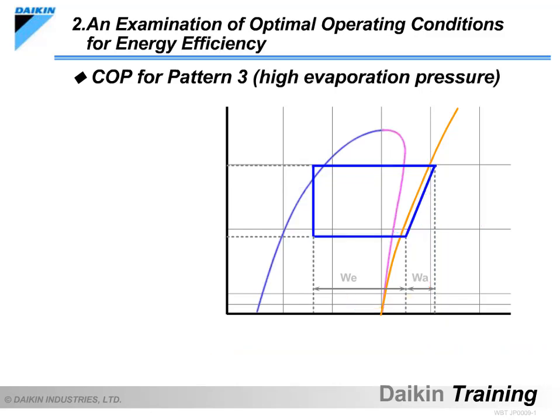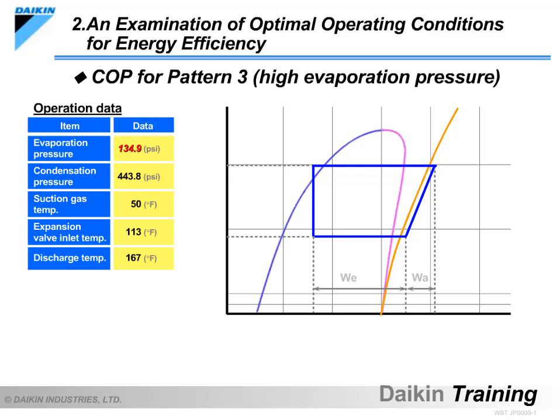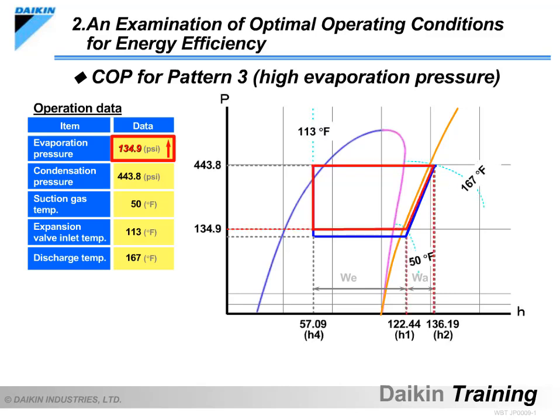In pattern 3, we will examine the influence of the evaporator. The operation data is shown on the slide. It is the alteration of evaporation pressure to a higher level than that found in the standard refrigeration cycle. The conceivable scenarios in this case would be a high set room temperature or improved heat exchange within the evaporator.